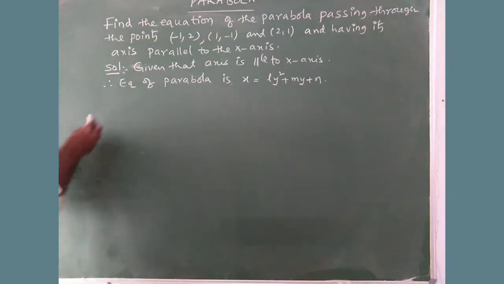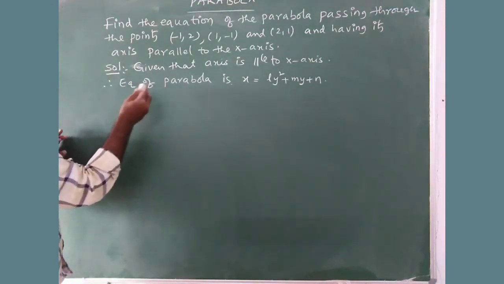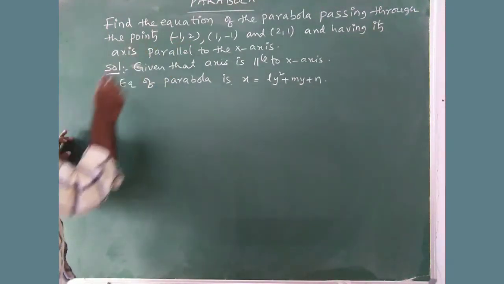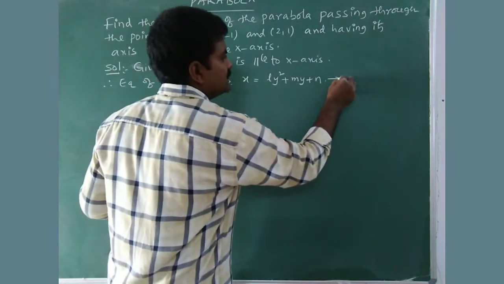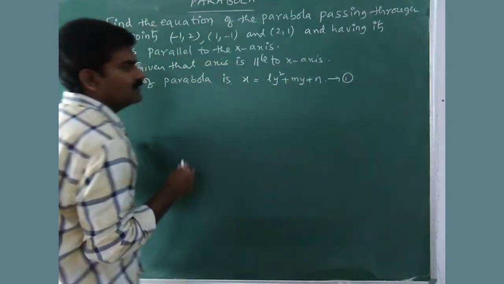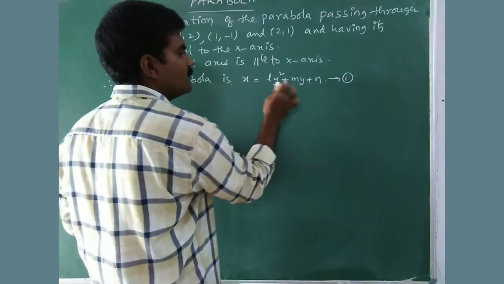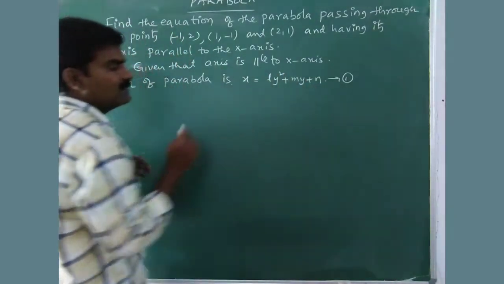Okay, now given that the parabola passes through the points, isn't it? Say suppose this is equation number 1. Now here we want to know what is l, what is m, and what is n.